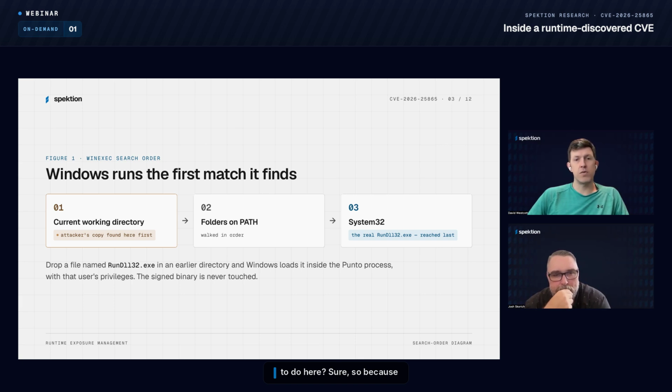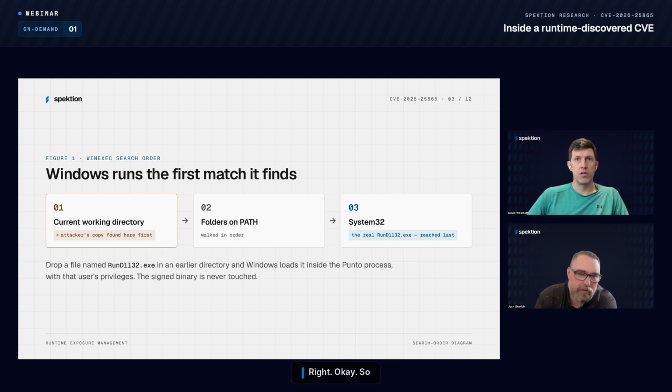So because punto.exe doesn't specify where to look for it, all an attacker would have to do if they were on the box is create any file named rundll32.exe and put it in the same directory as punto.exe. And then because of the way search order works, it would call that one before the legitimate rundll32.exe. So that could be a payload, an initial downloader, or whatever the attacker wants it to be.